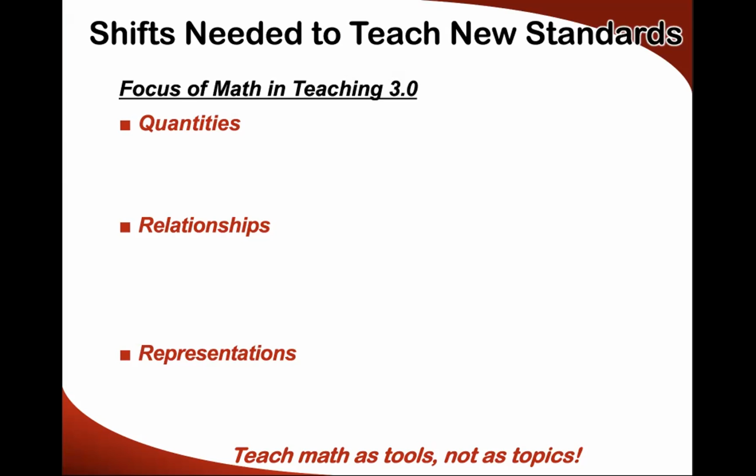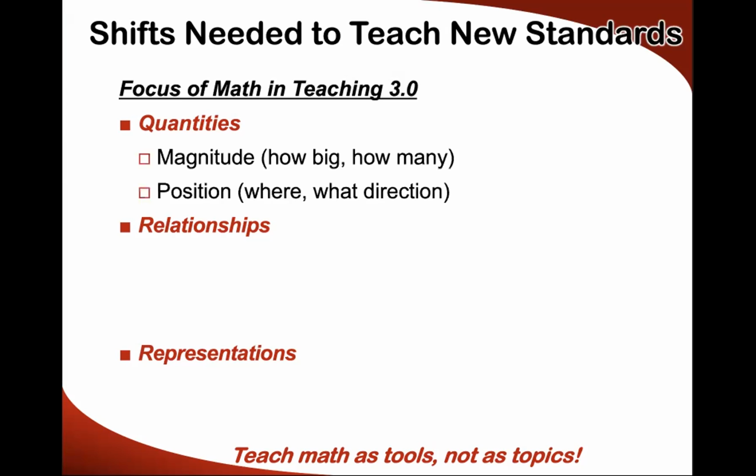Math is about quantities. I don't care if we're talking about complex numbers, vectors, or derivatives. Math is about quantities, relationships, and the representations of those quantities and relationships. So quantities involve things like magnitude, how big, how many, and position, right?